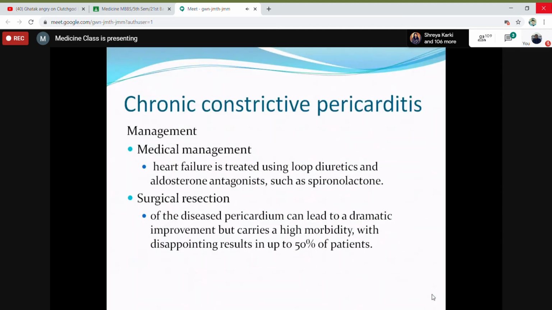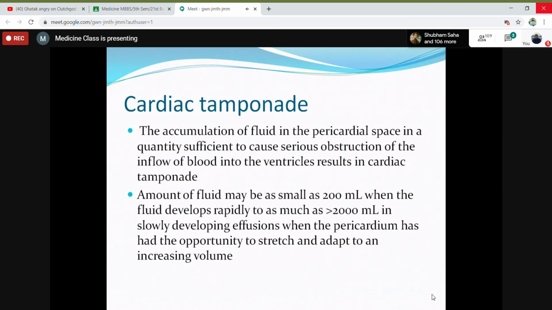Now, lastly, regarding cardiac tamponade, okay, so cardiac tamponade is the accumulation of fluid in the pericardial space. So both pericardial effusion and cardiac tamponade are accumulation of fluid in the pericardial space.